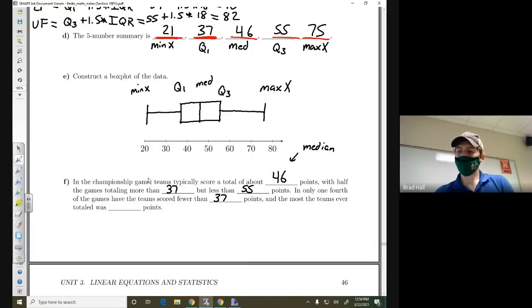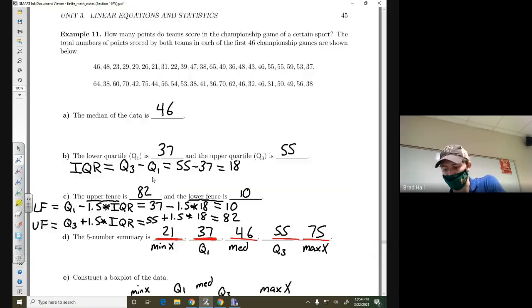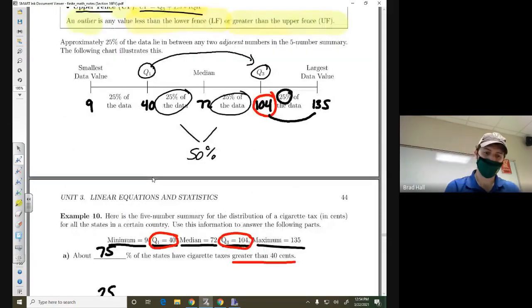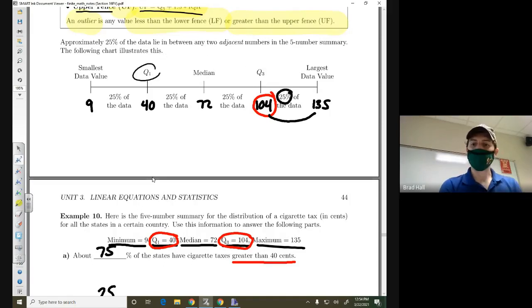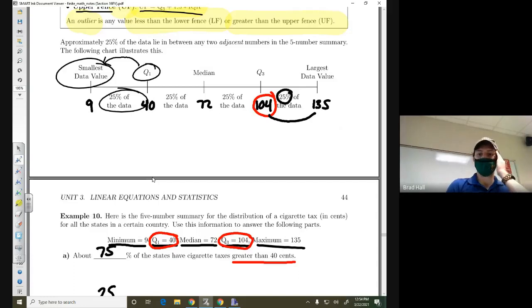So 1/4 fewer than, if we go back up to that diagram, so I'm going to detour real fast. So we were at the first quartile. What's fewer than the first quartile? So that goes all the way from here to this value here. And that's 25% of the data.